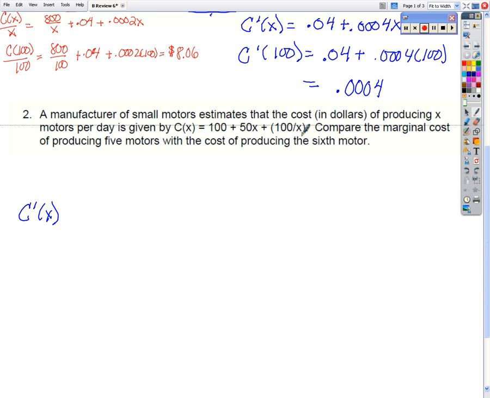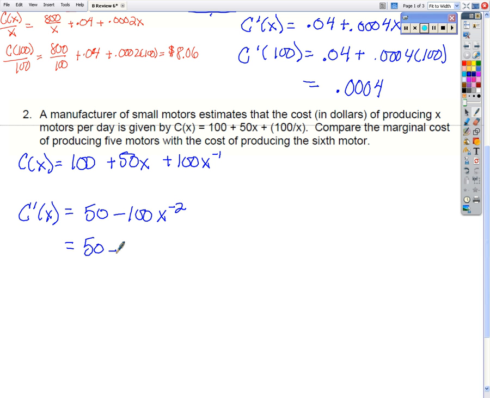Because this is a quotient, I'm going to rewrite C of X to be 100 plus 50X plus 100x to the negative 1. So now when I find my derivative, the negative 1 comes down, negative 1 minus 1 is negative 2. Then I'm going to rewrite this without the negative exponent.